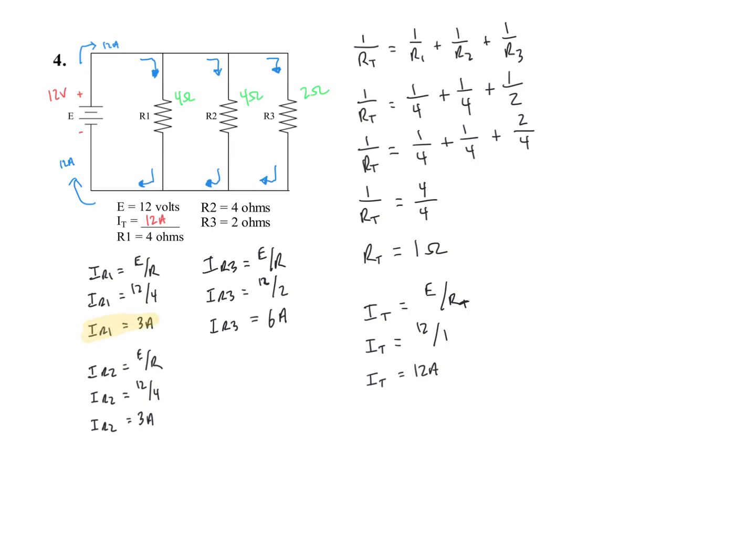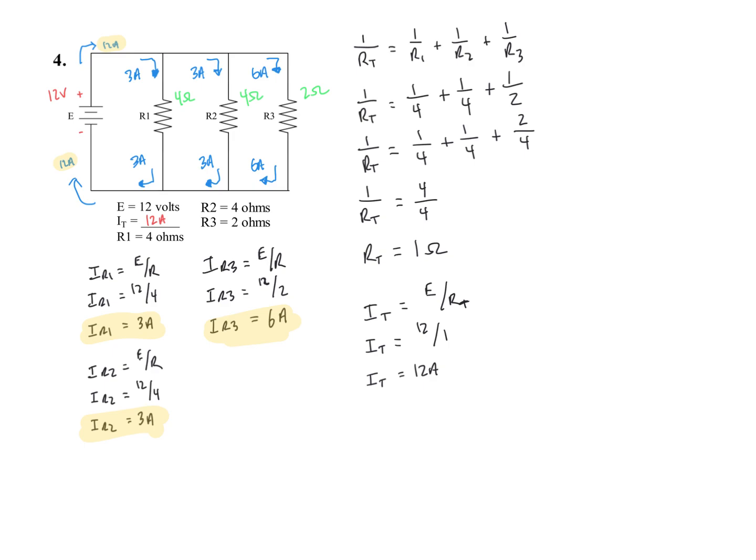If we add those values together, 3 plus 3 plus 6, we get 12, and up here we had 12 amps. So that makes sense, that matches everything, and you feel pretty confident that our numbers are making sense. So I'm going to put 3 amps in here, 3 amps in here, and then 6 amps. Same thing all the way around, and it's neat because you get a really good visual of what's going on.